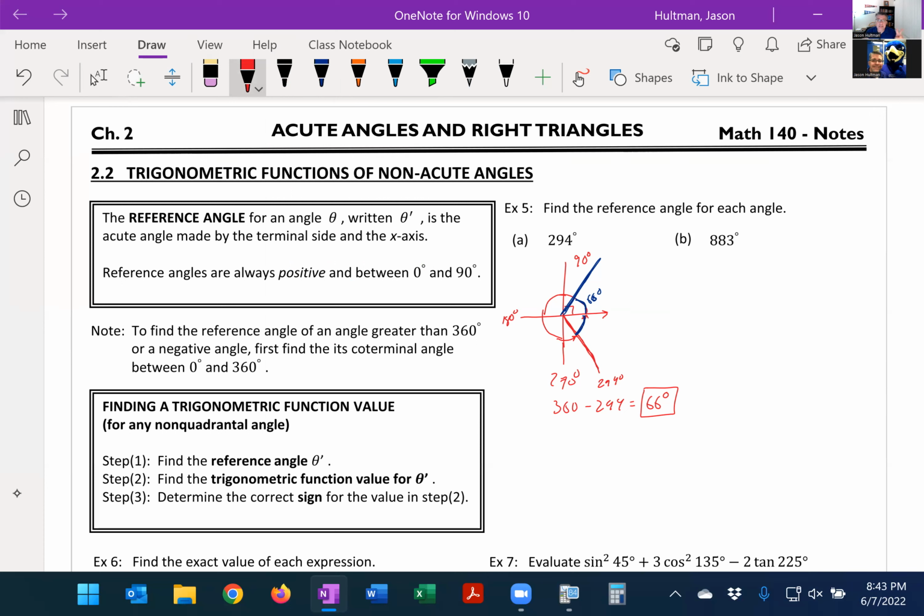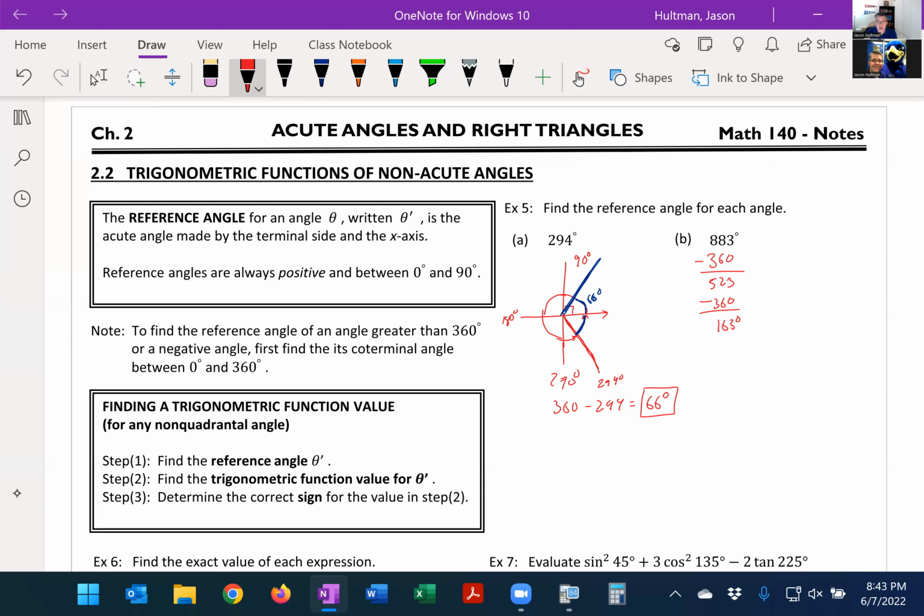So what is basically the coterminal angle here of 883? So this is going to be minus 360. That's going to get me down to 523. Minus 360 again, and that gets me down to 163. Okay, so now we know it's 163.